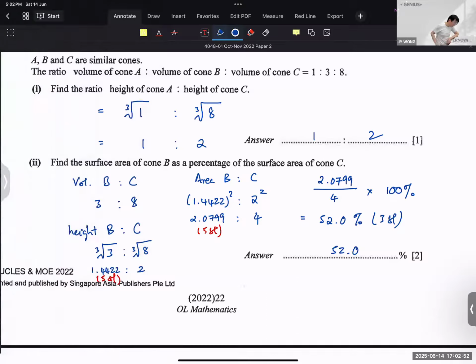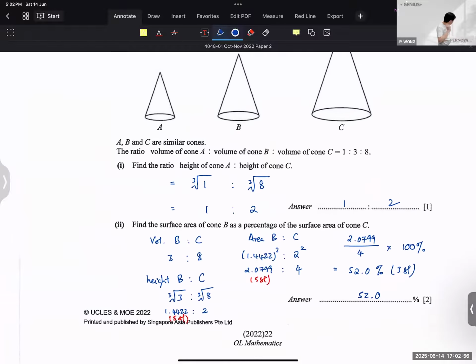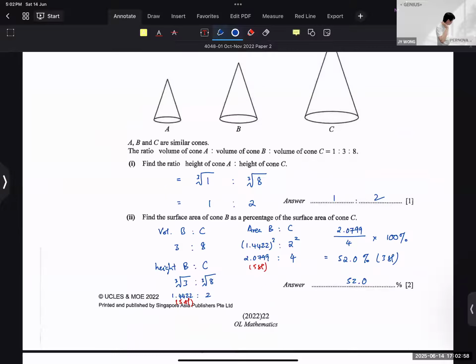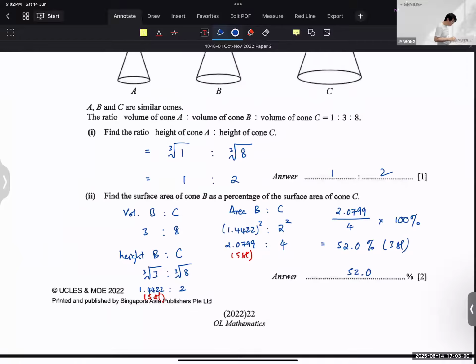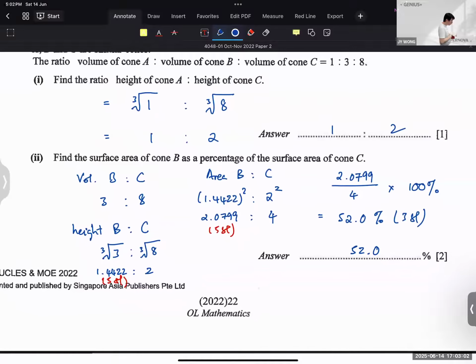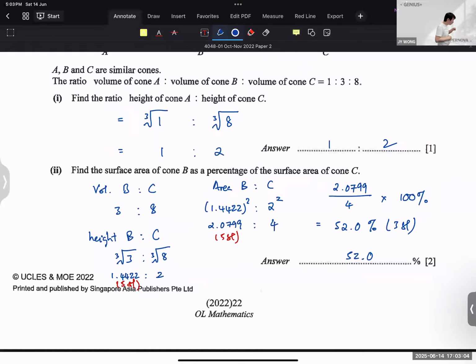Okay? If you get an exact number, you don't need to put the 0.0, it's fine.